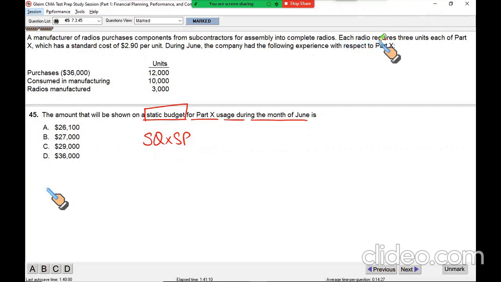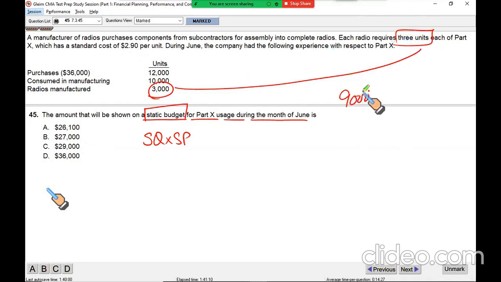Each radio requires 3 units of each part, which has a standard cost of 2.9. You manufactured 3,000 radios. This is the actual quantity you produced. And as per the standard, you should use 3 parts, that means 3 times 3,000, 9,000, right? Each part has a standard price of 2.9. So this is the standard quantity you should have used, and this is the standard price.